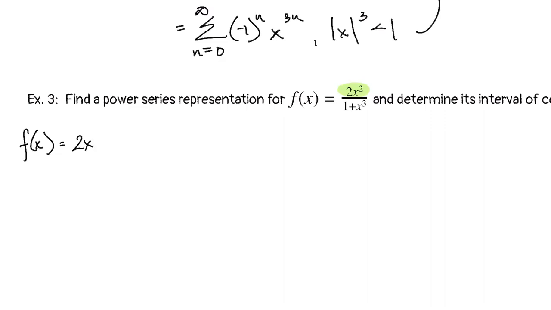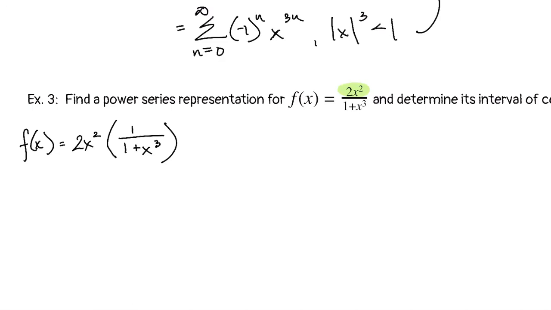Our numerator, 2x squared, times 1 over 1 plus x cubed, right? That's a valid thing that we can do, because when we're multiplying fractions into a single fraction, we can also similarly split them into multiple fractions, okay?